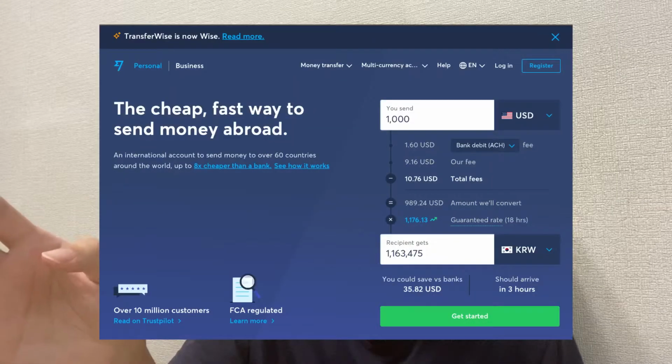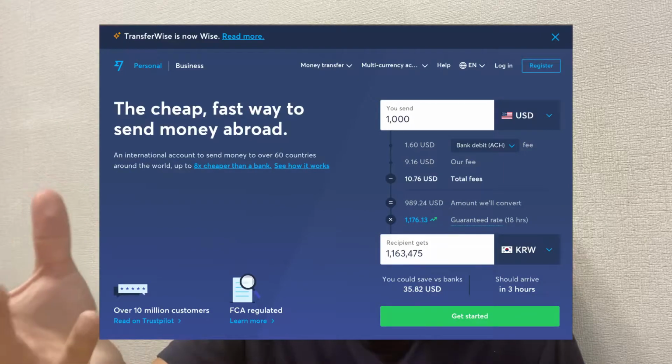Another alternative to wiring money through a traditional bank would be to use some of the online services that are provided. So Yonsei University suggests using Wise as a platform to transfer your money, and this process is fairly simple. All you have to do is basically wire the money to the Yonsei bank account, and you'll be able to actually see all the transaction fees that are pulled out through your transaction.